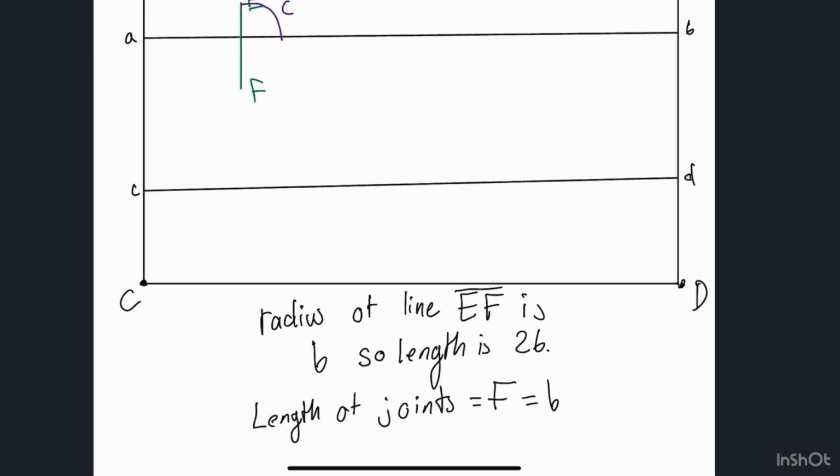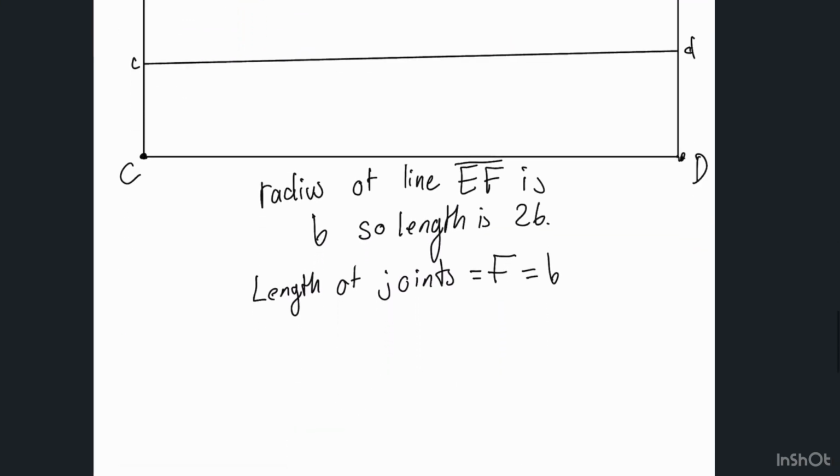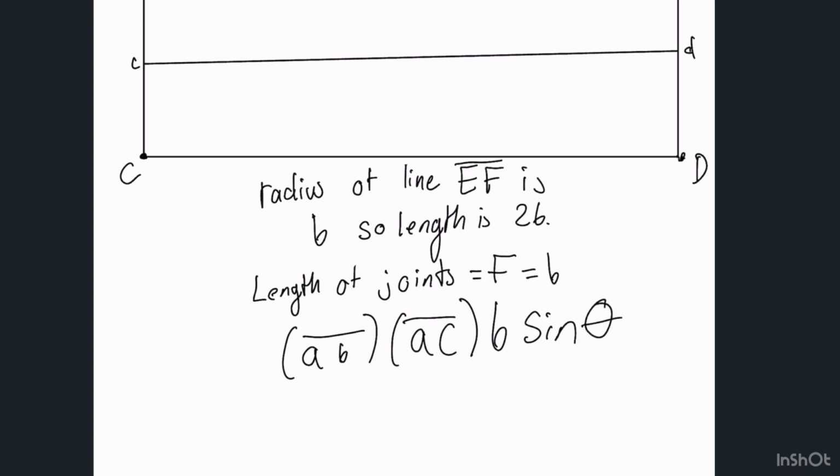This part I had to annotate a little bit differently than Buffon, because if I did the same way he did, it would go over my head. But basically I had to take the area of the square AB and then AC, and then multiply it by B sine theta to find all the possible positions the needle could land if it landed in between the lines A, B, and CD.